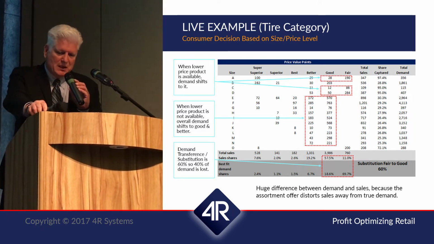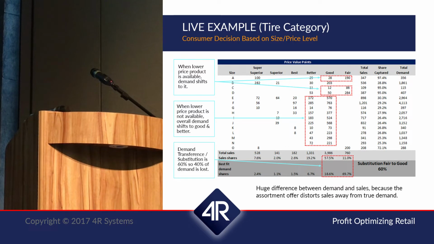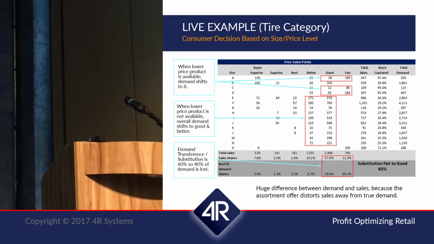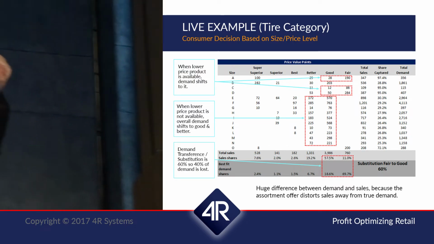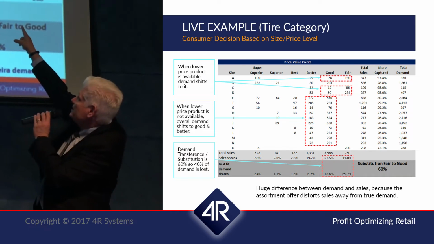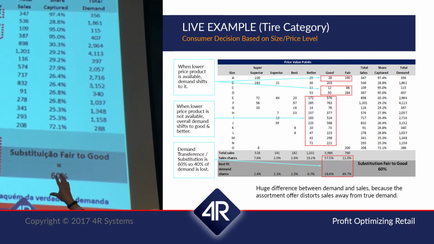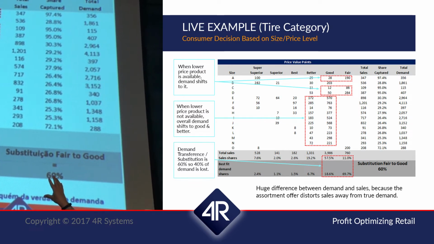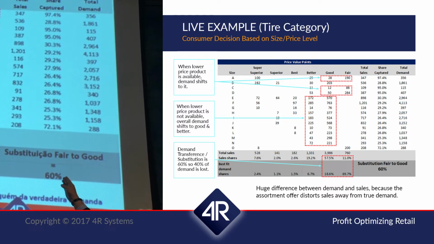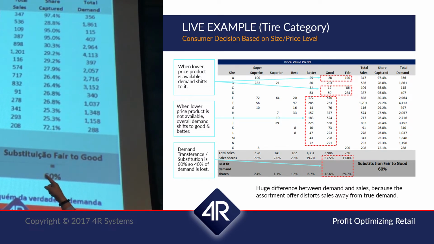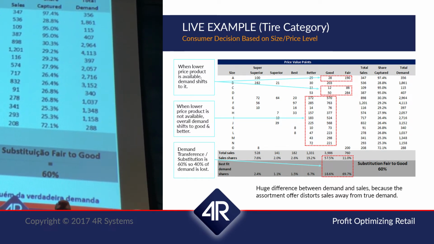If you look at the ones right here, there's a big black spot just below that 284. What that meant was that retailer chose not to offer a cheap tire. And part of their thinking and strategy was people will move to a higher priced tire. Makes logical sense.